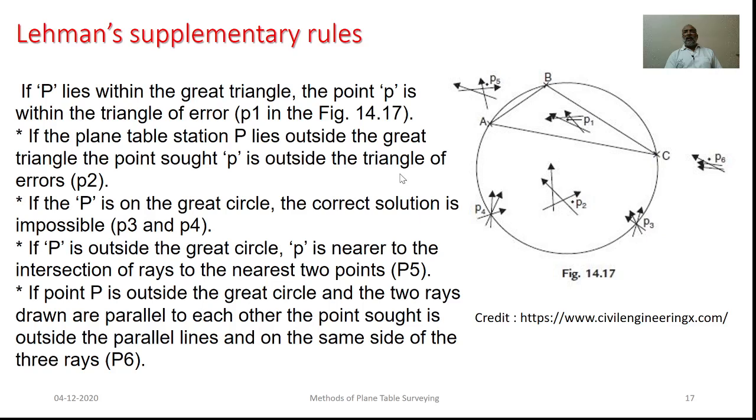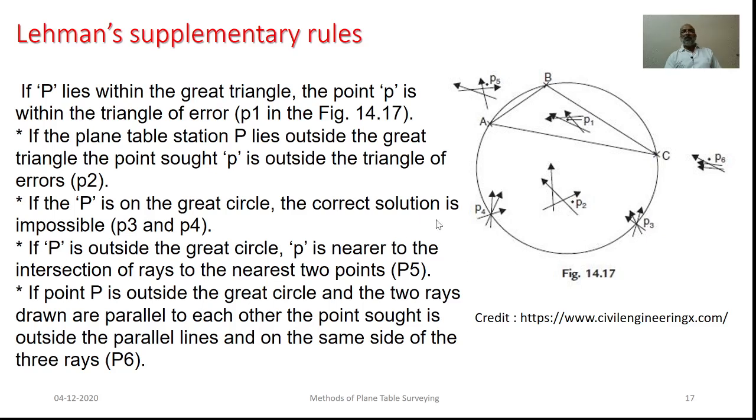If the plane table station capital P lies outside this particular great triangle, then the point to choose at P2 should also be lying outside that particular triangle of error. If the station P is on the great circle, the way we considered earlier, and giving the location or showing the position as P3, P4 here, we cannot arrive at the solution.